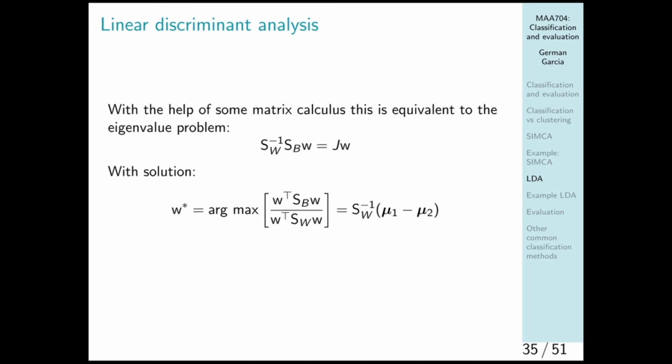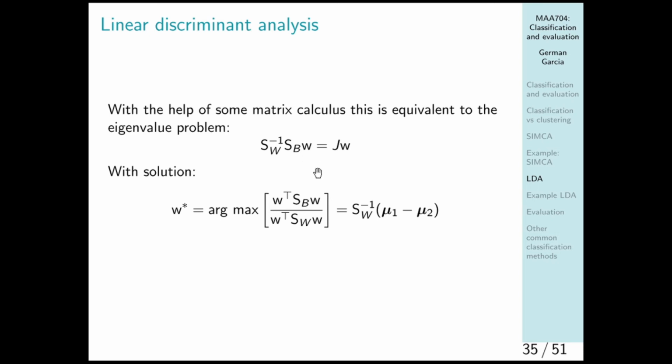We get that the vector that optimizes this function is this eigenvector over here, the eigenvector with eigenvalue j of SW inverse times SB.